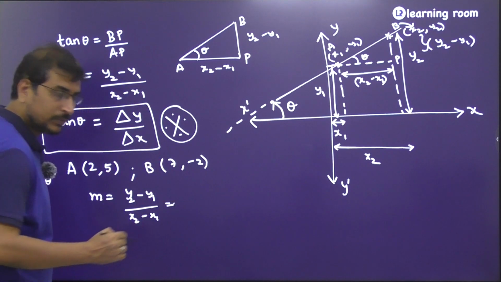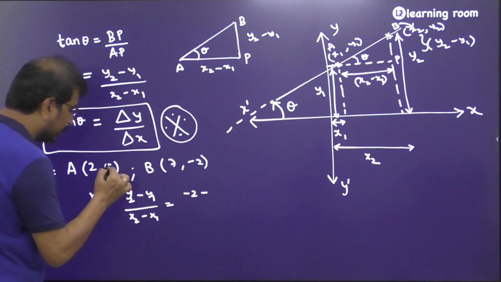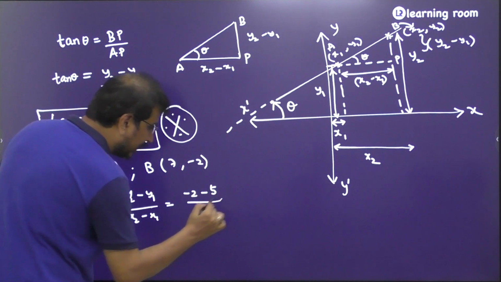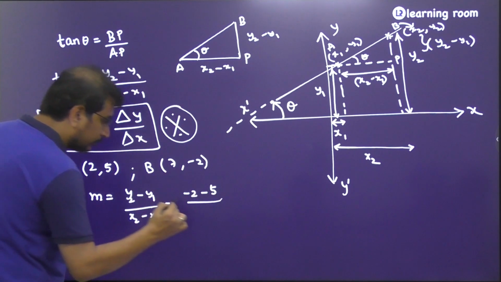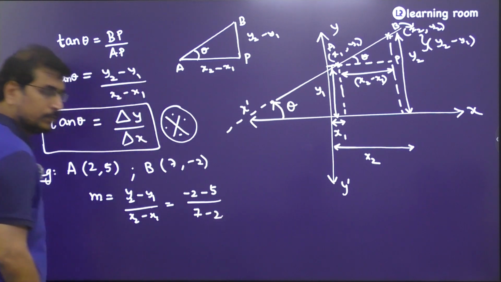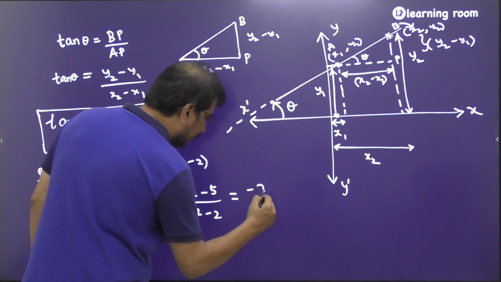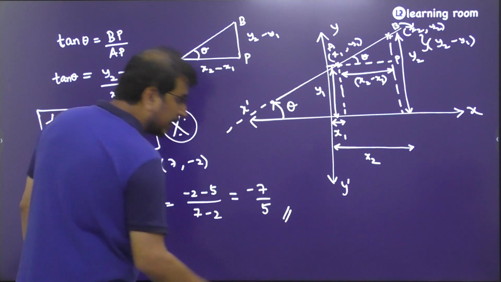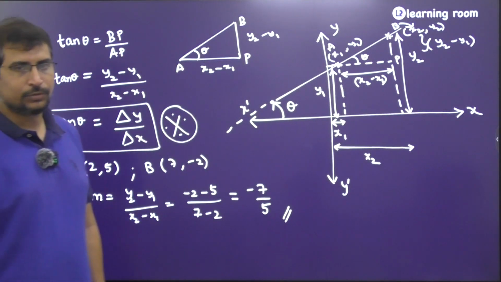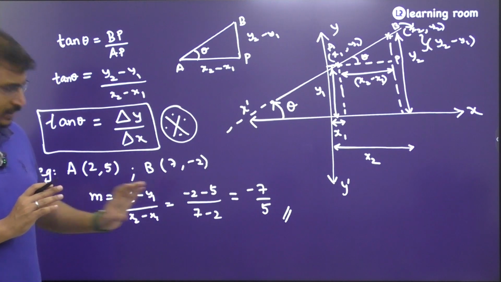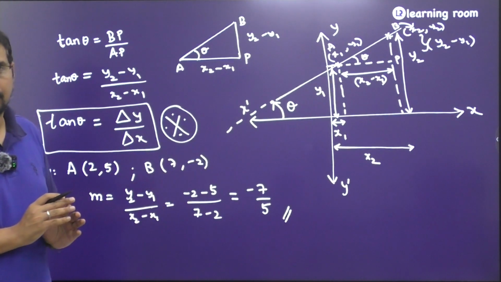So this is y2, minus 2 minus 5, divided by 7 minus 2. Am I clear with this? So what is the answer going to come out to be? It is minus 7 divided by 5. So the slope of the line in this scenario is going to be minus 7 by 5. I told you, it's just a number.